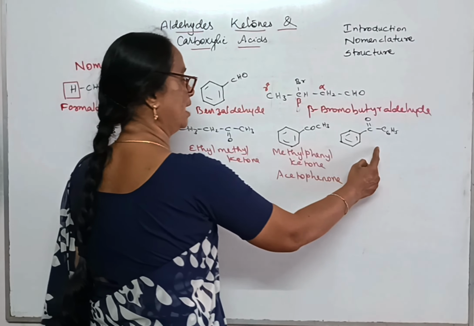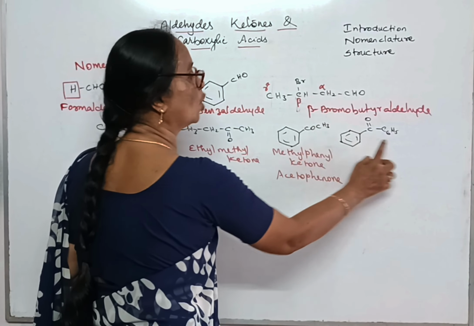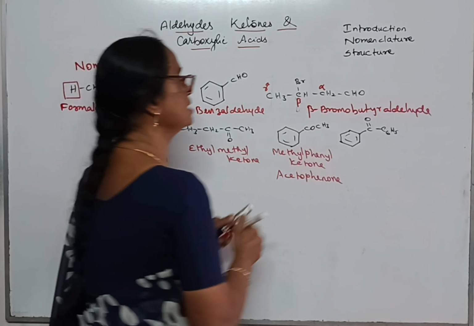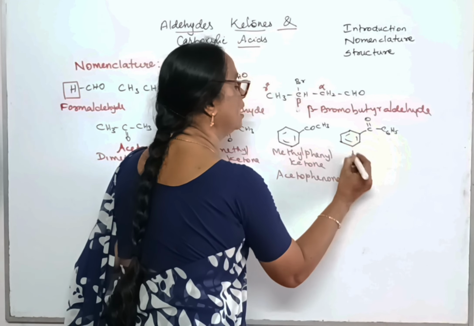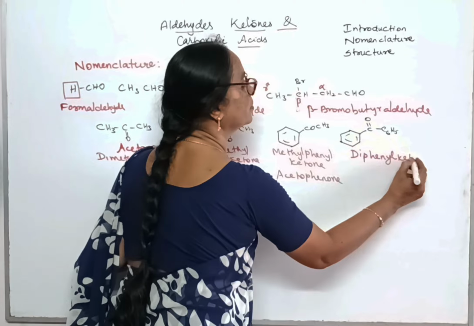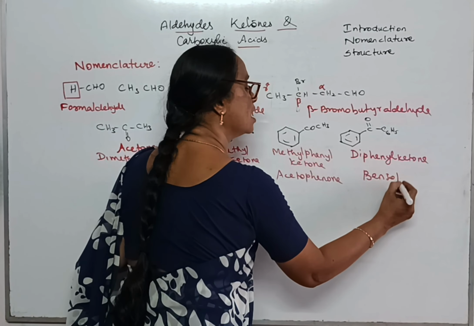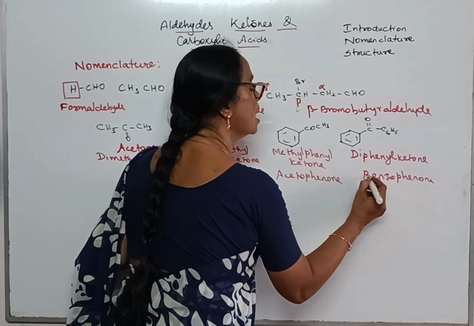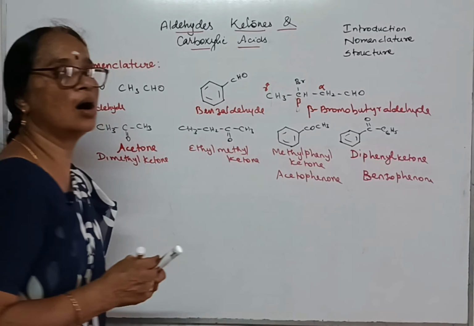And in this case, instead of the methyl group, I introduced one more phenyl group. So it is called diphenyl ketone, or benzophenone. Benzophenone is also its IUPAC name, as well as we can take it as the common name for this compound.